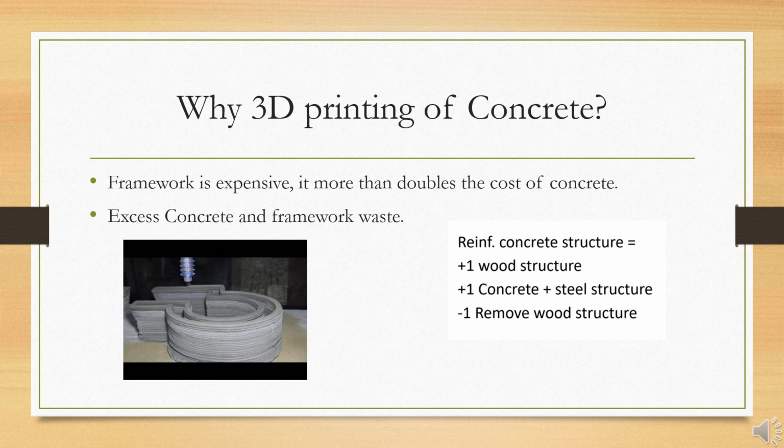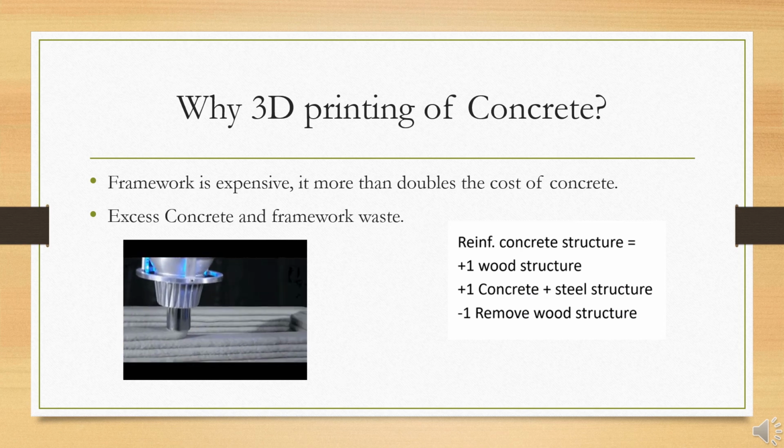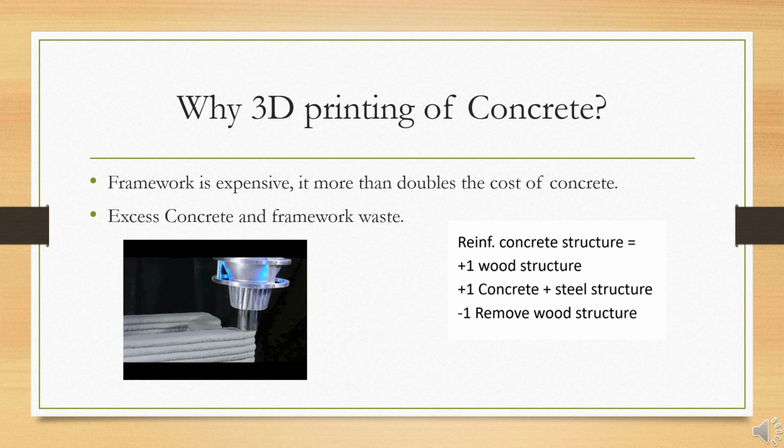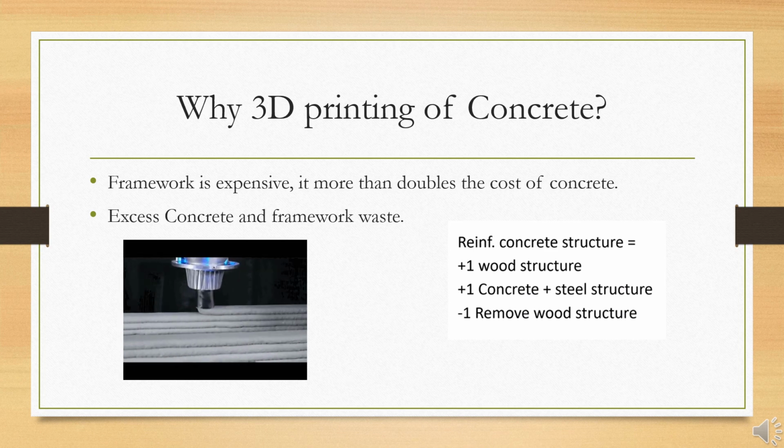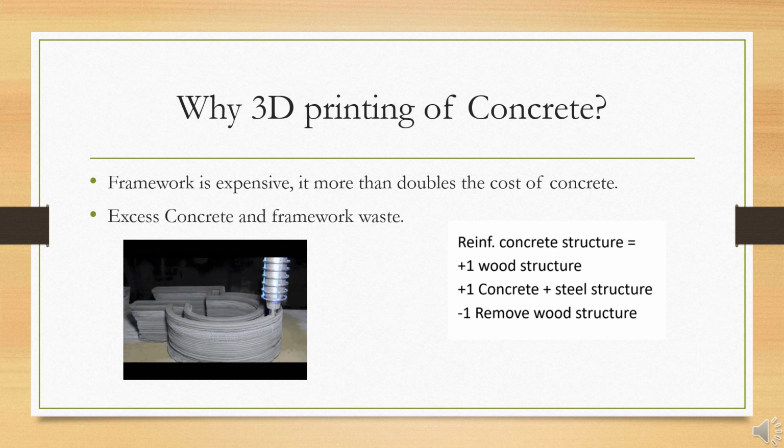This is not very convenient, since I am building two structures to, in the end, have one structure and one disregarded. Not to mention the excess waste of the extra concrete and the disregarded framework that we can only reuse 5 times and then discard.